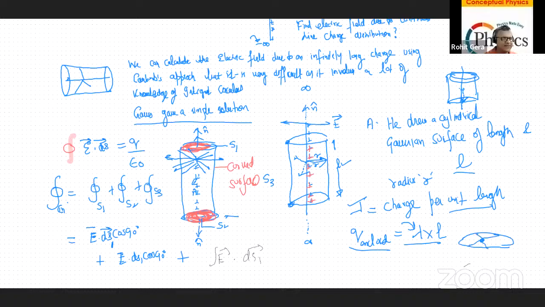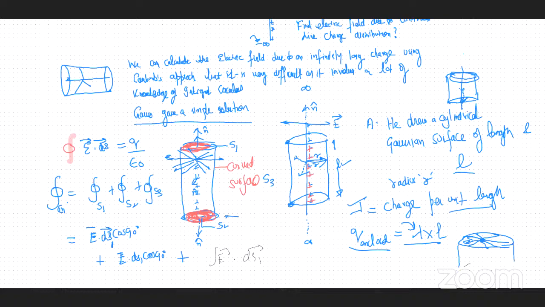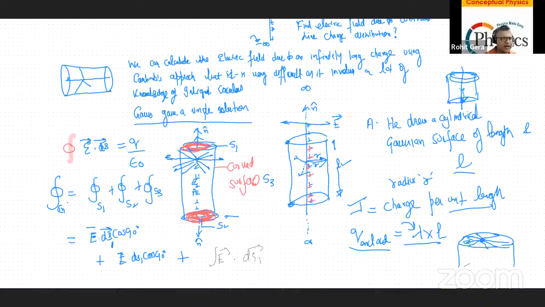And the normal to the plane, if this is the curved surface area, is also in all directions. Anywhere you draw is perpendicular to the curved surface.